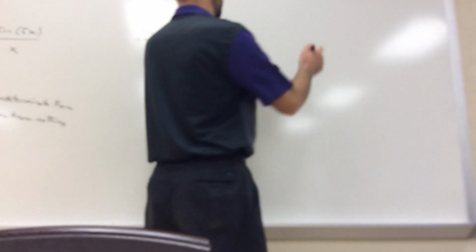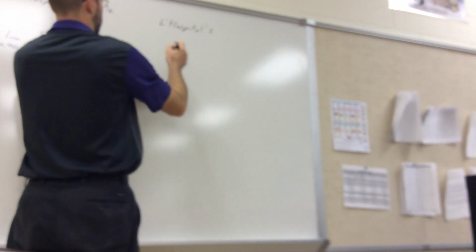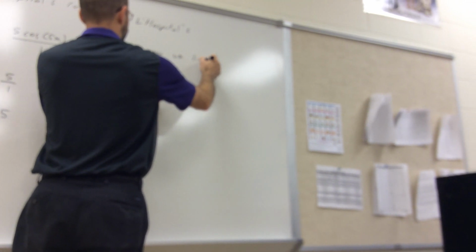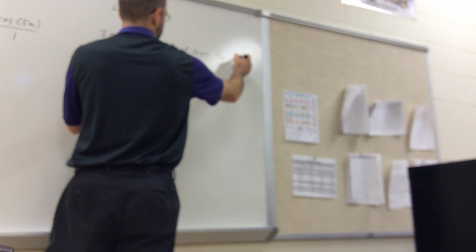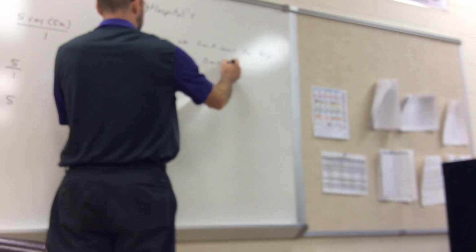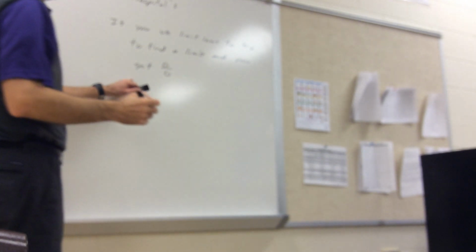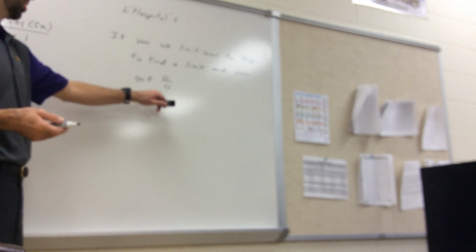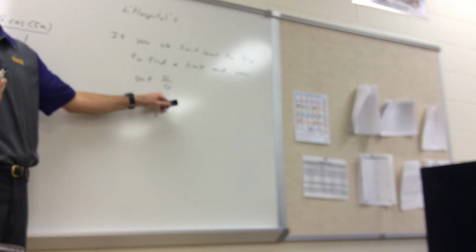Okay, so let's write down what L'Hopital's rule says. So L'Hopital's rule says if you use limit laws to try to find a limit, and you get 0 over 0, so it's important that you check to see if you get 0 over 0, because L'Hopital's rule, you can't use it until you get this form.